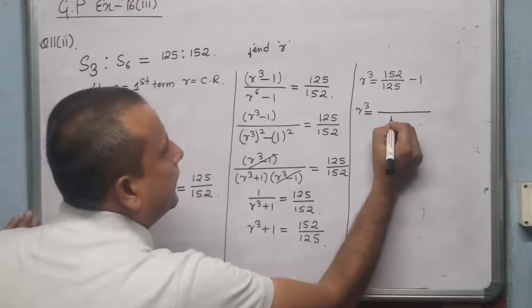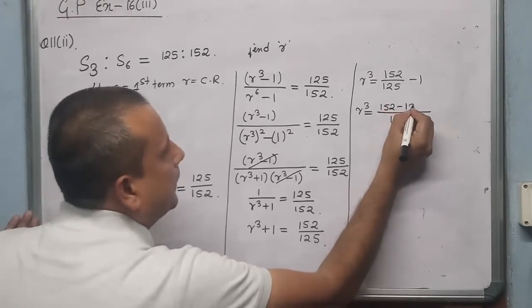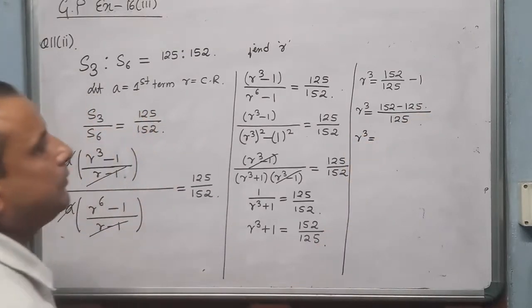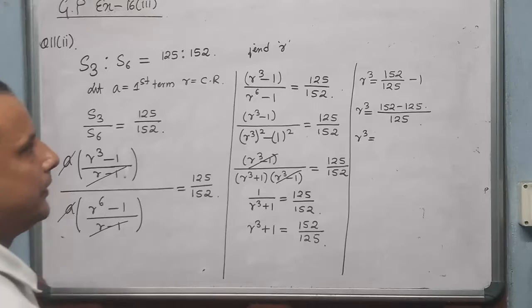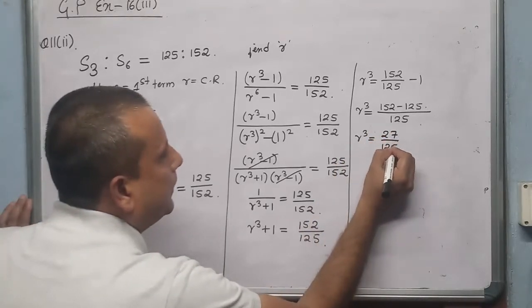If I take 125 as LCM, this will be 152 minus 125, which is 27 over 125.